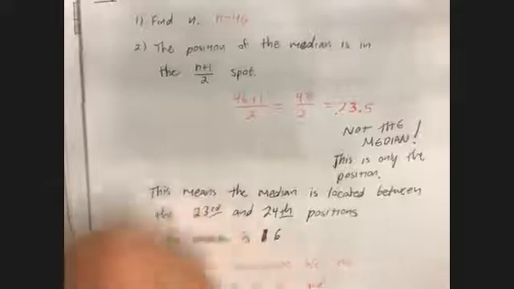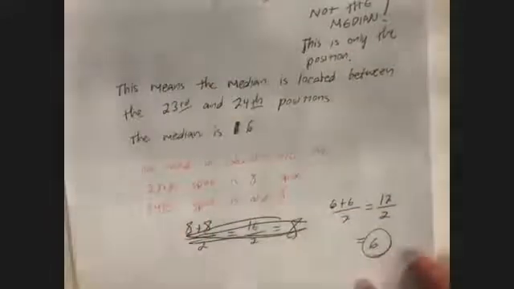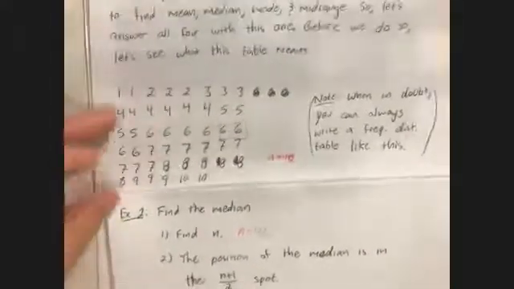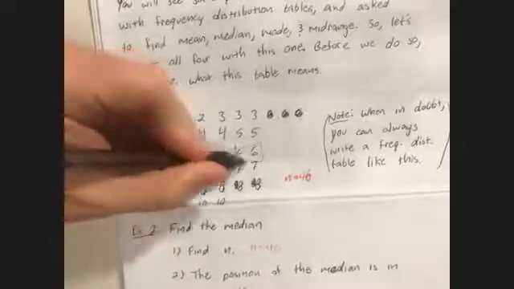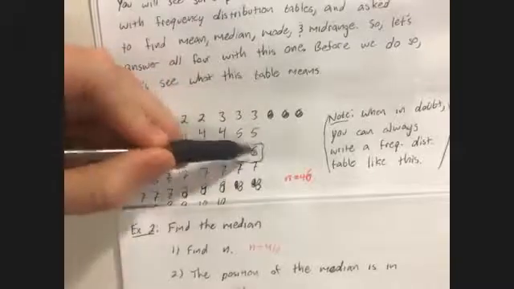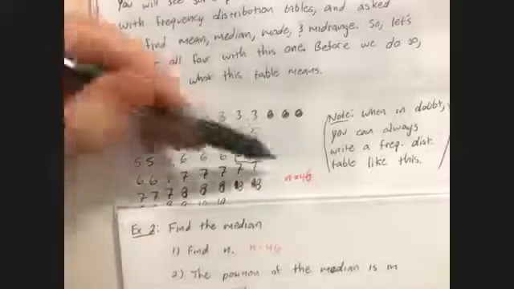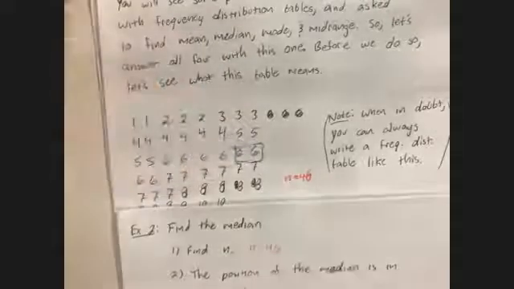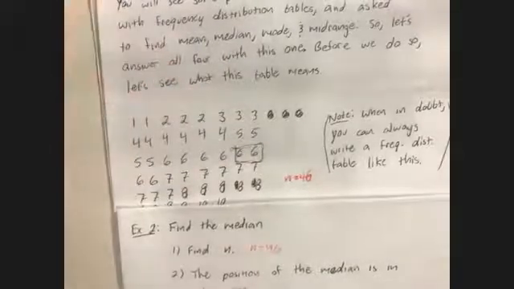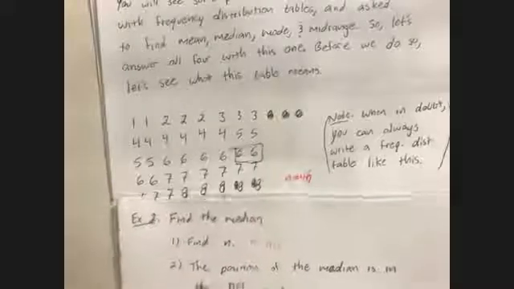The calculation, if I were to do it, would have been 6 plus 6 over 2, which is 12 over 2, which is 6. So I'm sorry about that. If I had just counted them up, that would put me between the 23rd and the 24th spot, which is going to be 6. There's nothing in between 6. So that's the median. That's how we find the median.